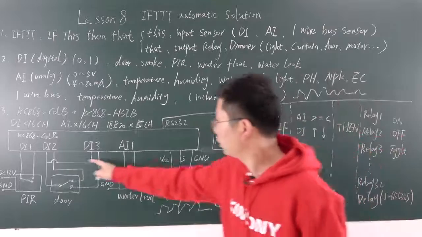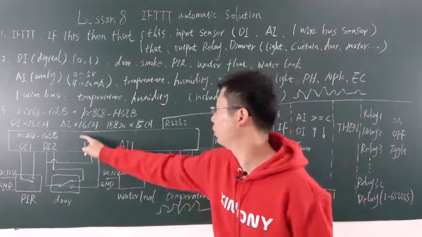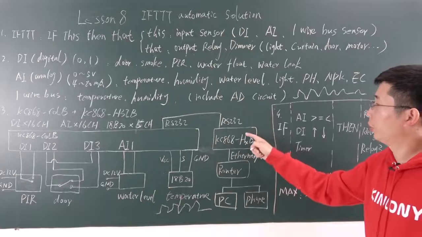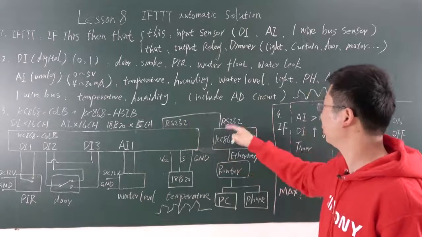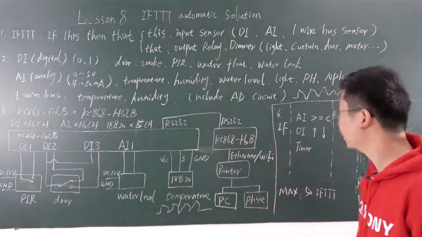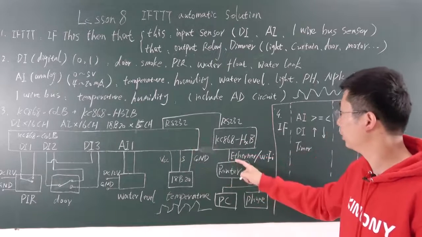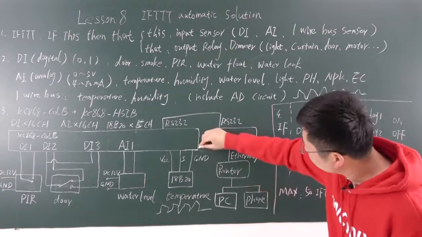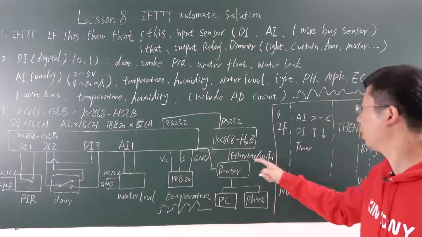So this is the typical diagram for the sensors connecting to the COLB, and this is the relay board. I have said to use the RS232 4-point cable to connect them together, and this relay board and this COLB all connect with the router. You can see all connect with the router. It can be by Ethernet or by Wi-Fi.